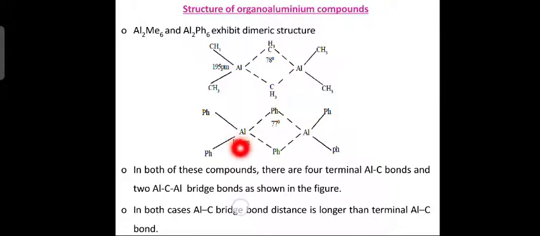And how many terminal aluminum carbon bonds? 4. How is it 4? 1 here, 2, this side 3 and this side 4. Terminal 4 bonds are there, bridge bonds 2 are there. In both cases, the aluminum carbon bridge bond distance is longer than the terminal aluminum carbon bond.